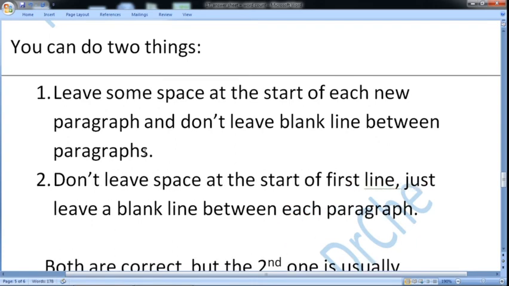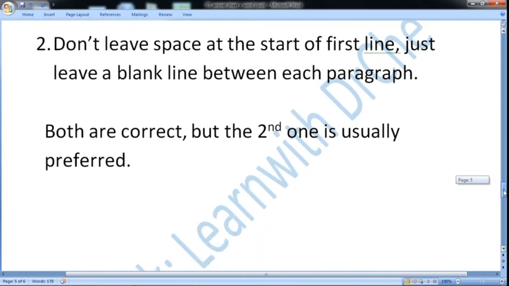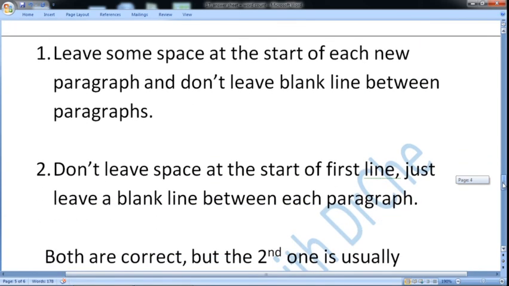Between one paragraph and the next, you leave one blank line. This is the advanced and modern method, and it looks a bit clearer that you have ended one paragraph and started the second. There is no mess-up in this method. Both are correct, but the second one is usually preferred.